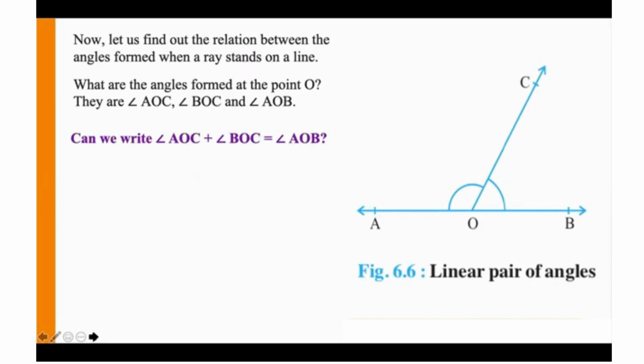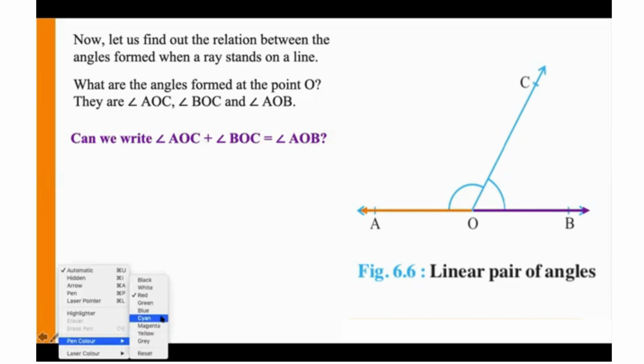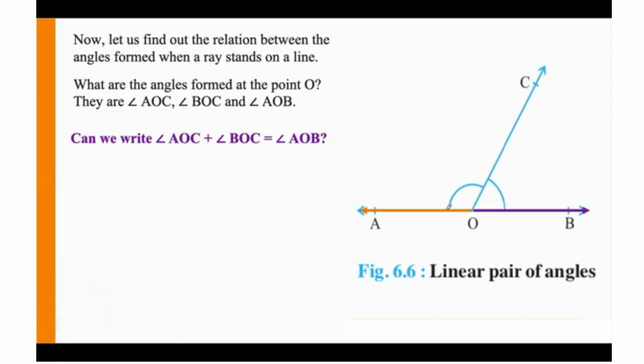Can we write angle AOC, which you can see in orange color, plus angle BOC, which is in purple color? If I add these two angles, do I get angle AOB, which is the straight angle? So that means, do I get the whole angle if I add those two different angles? Yes.